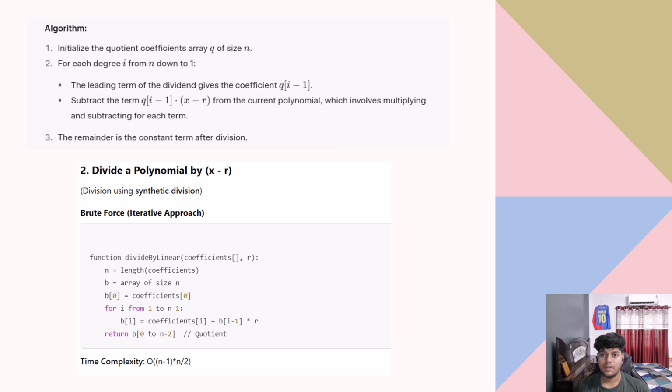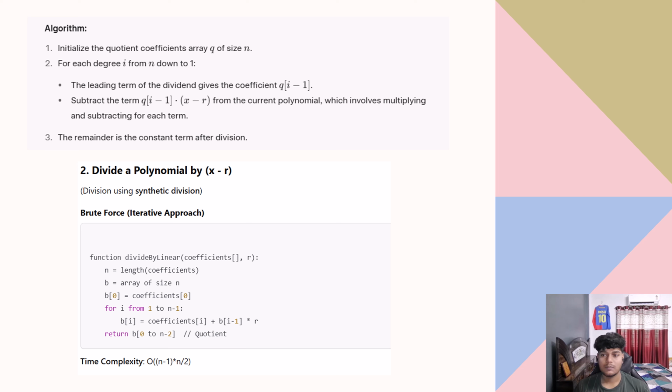For instance, dividing x^3 + 2x^2 + 3x + 4 by (x - 1) using synthetic division involves setting up coefficients and iteratively computing each new coefficient of the quotient, which is far quicker than the brute force method. This efficiency makes synthetic division the preferred method in computer algebra systems.